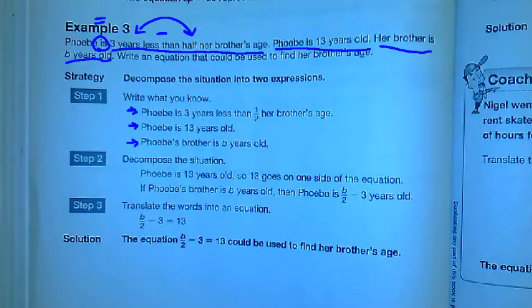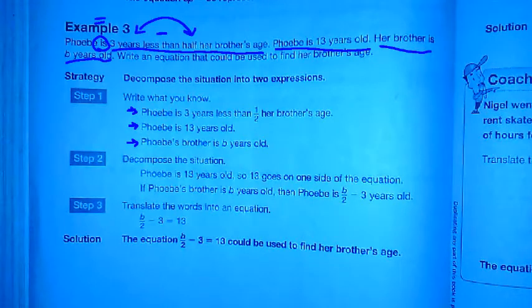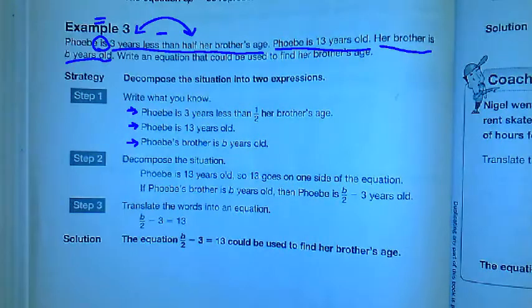You're using the same exact knowledge that you used when you were writing algebraic expressions, but now we're setting it equal to something. Phoebe is 3 years less than half her brother's age.